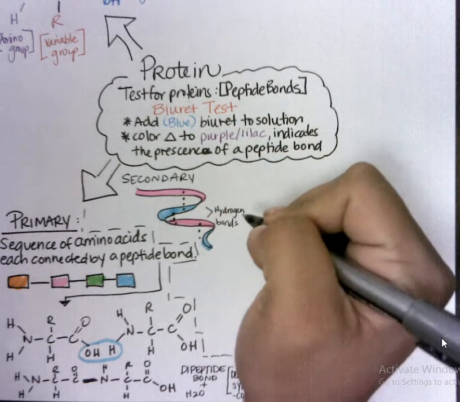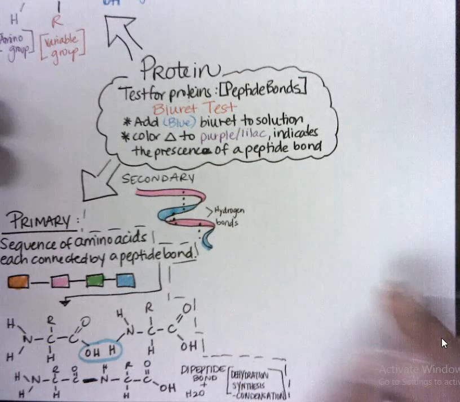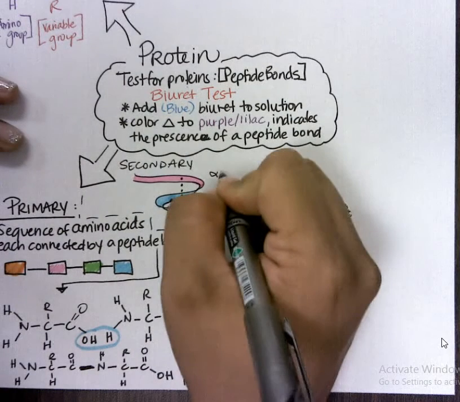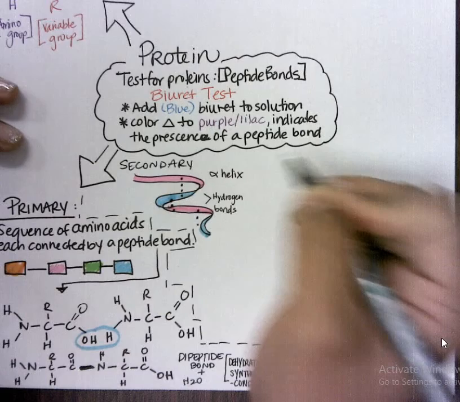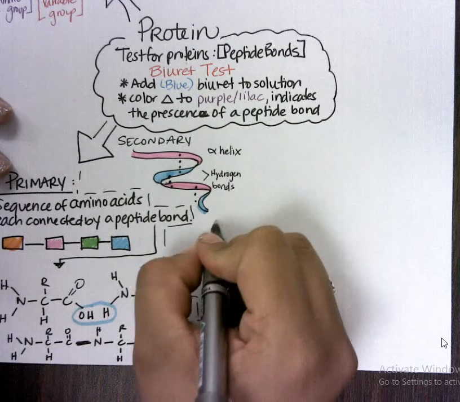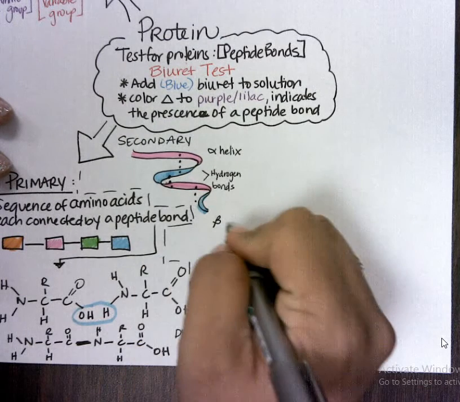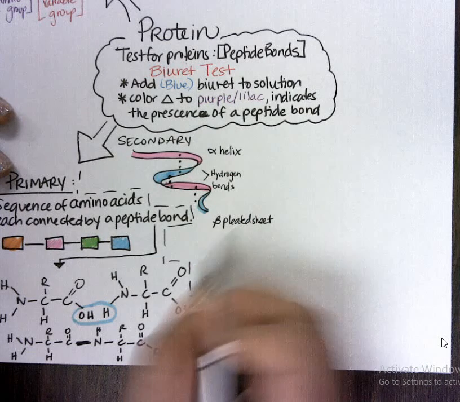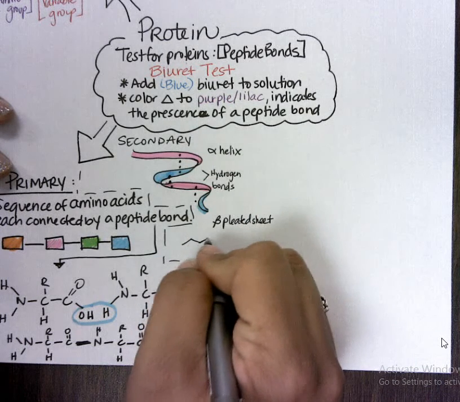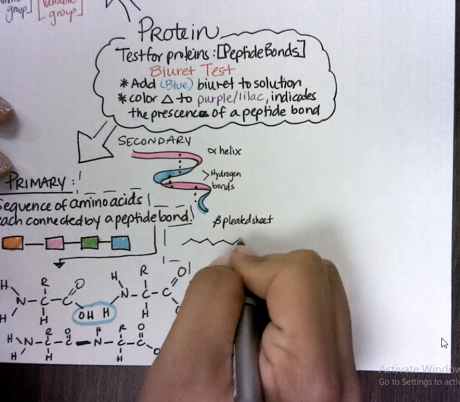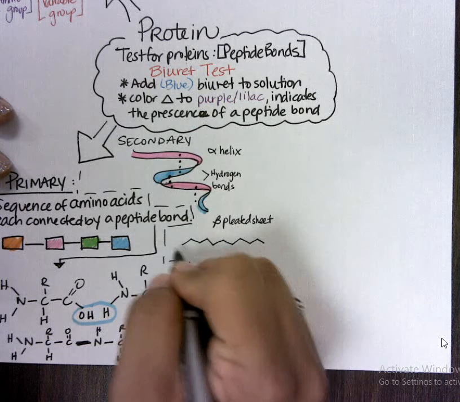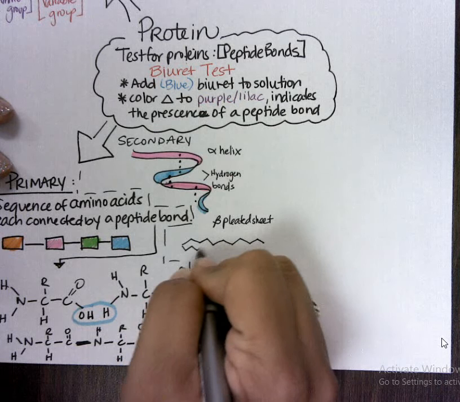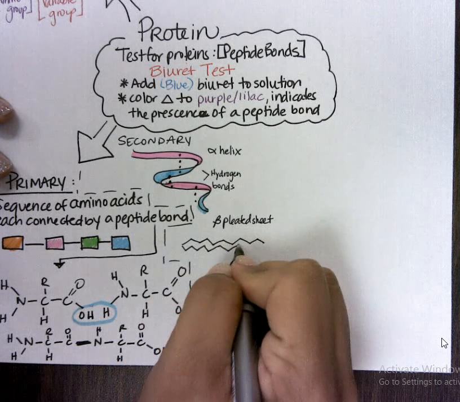And if we don't have an alpha helix, so this is an alpha helix, we form what's known as a beta pleated sheet. And that kind of tends to look like this, kind of like a checkered board almost. This is a really bad checkerboard. Sorry guys, it's late.